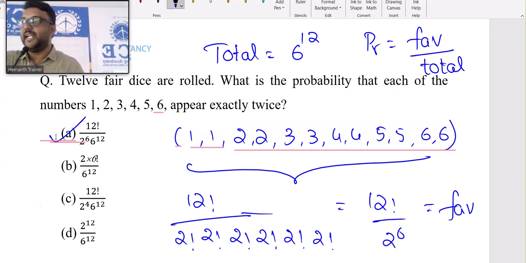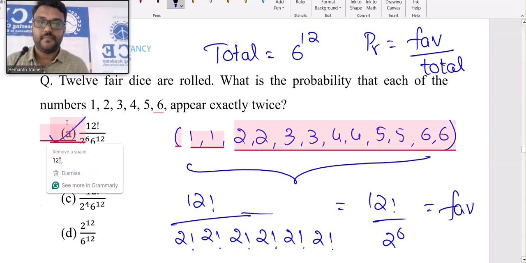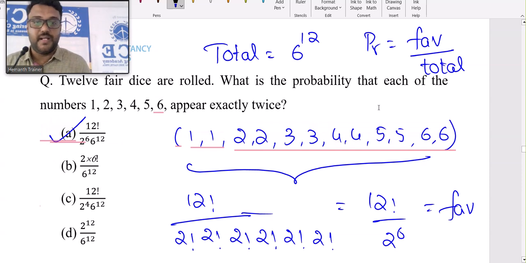I'm throwing only 3 times or 4 times. I have to get all things repeated. Then what way can we do it? So you need to look into all those things. This is permutation and combination combined, with the numerator decided by permutation and combination. The denominator is anyhow, as we mentioned, 6 power 12.